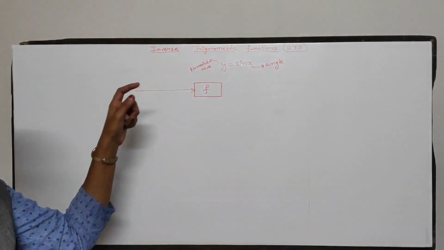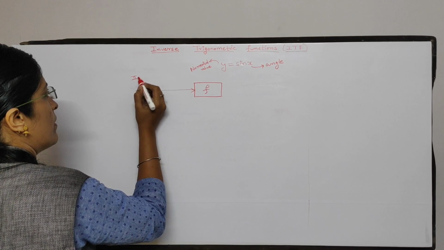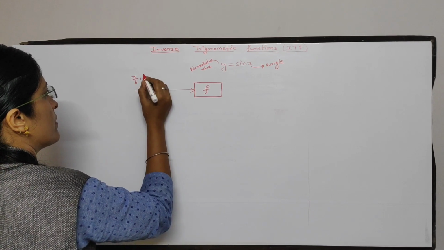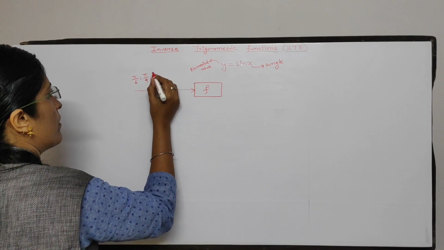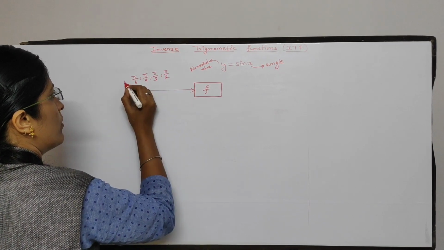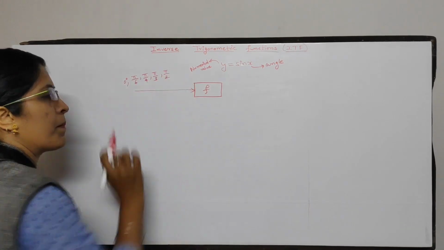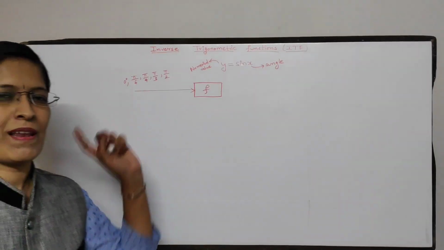So what are the angles going into the box? pi by 6, pi by 4, pi by 3, pi by 2, 0. Let me take very simple angles.